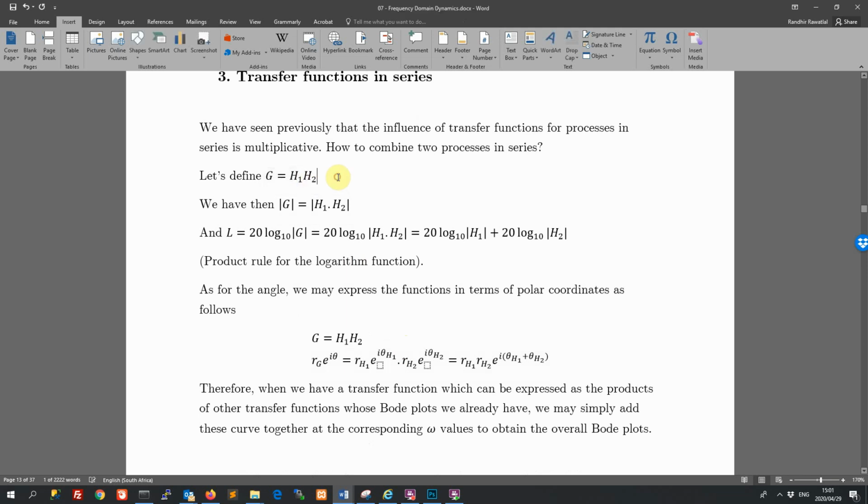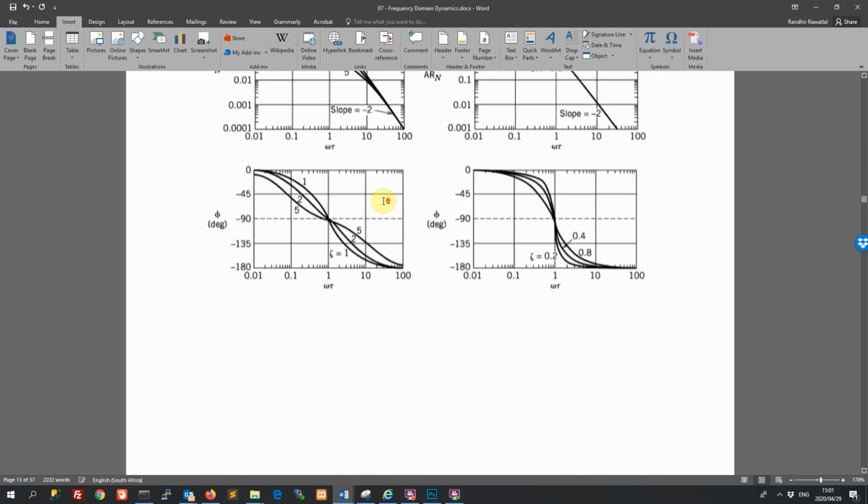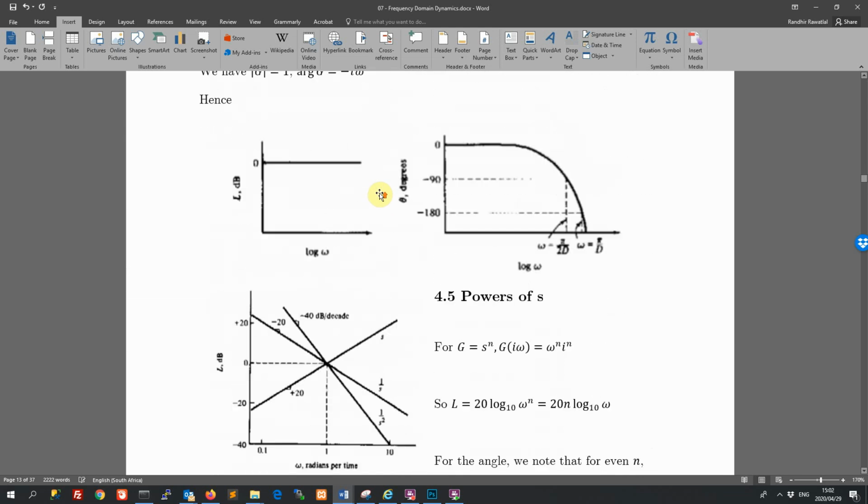If we have some complex function f1 of s multiplied by some other function f2 of s, if we had the product of two functions like that, well, if we don't know how to plot the whole function in one go, we can break it down into simpler functions, because now we've got all this experience looking at these individual transfer functions.